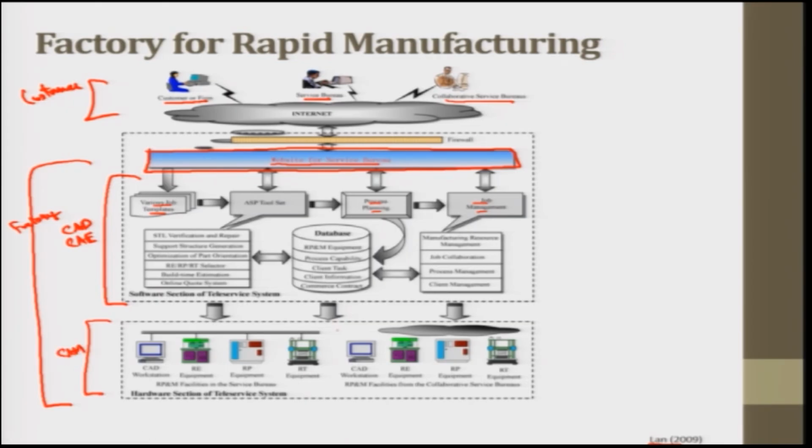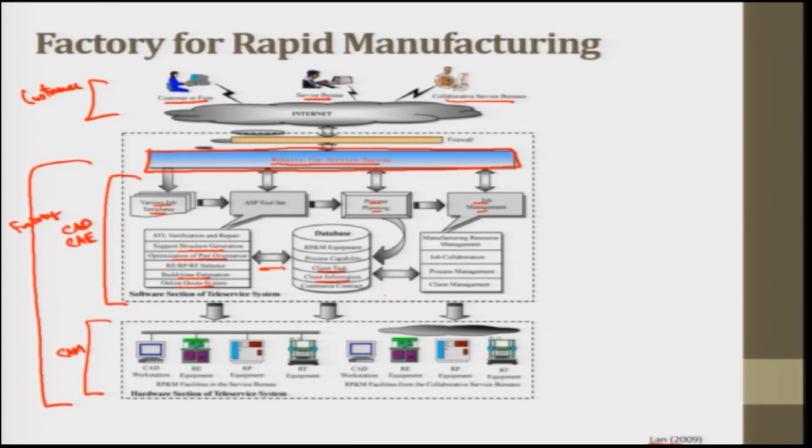So what it is telling is that the database that is already there, the rapid prototyping and equipment, all those data points, client task, client information, they interact with the different machines that are available, and different parameters are taken into account, that is build time estimation, online code system, optimization of part orientation, support structure.